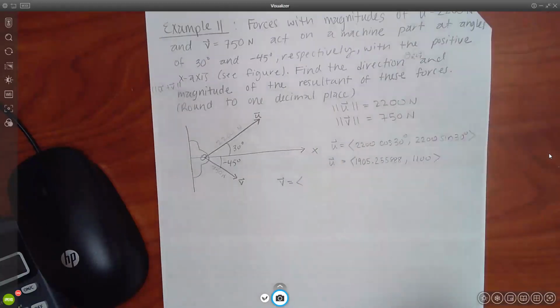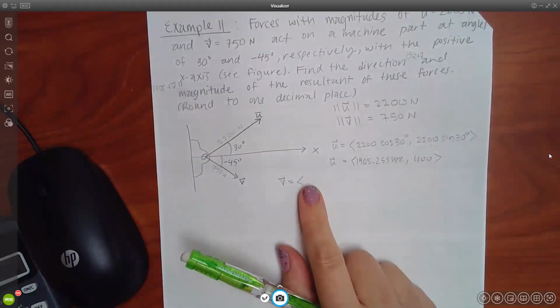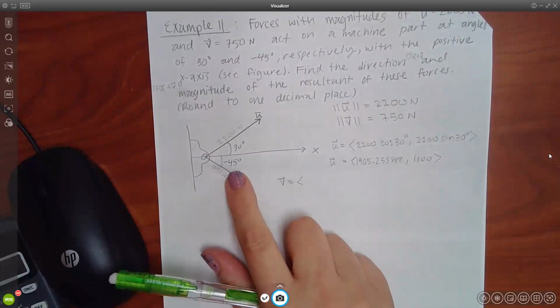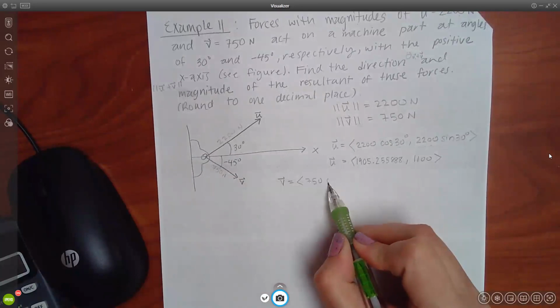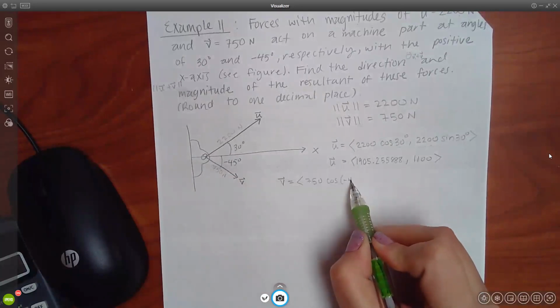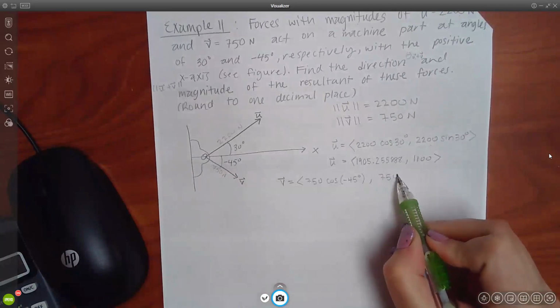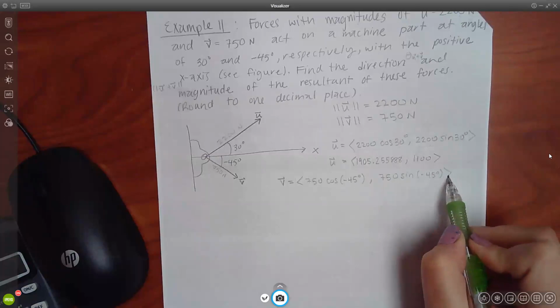So for V, it's going to be very, very similar, except I have to use his magnitude and his angle. So it's going to be 750 for the magnitude, and then cosine of that negative 45 degrees. And then the magnitude again, sine of negative 45 degrees.